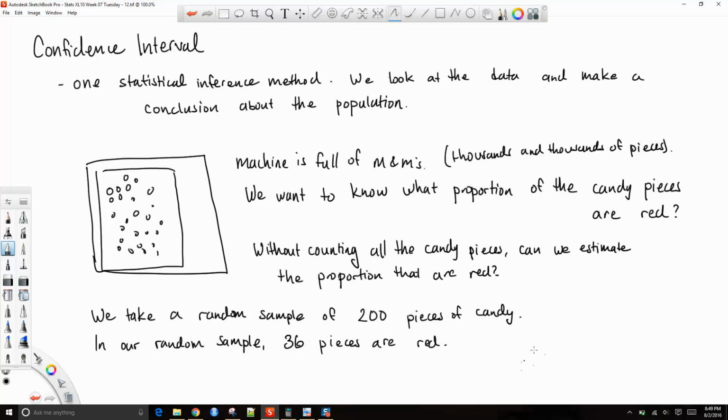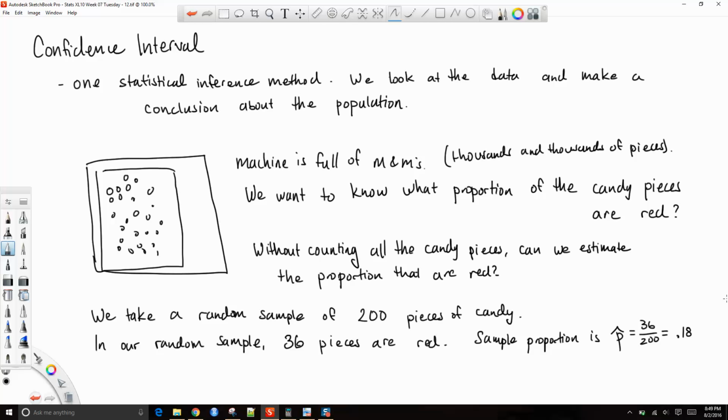Okay. So my sample proportion is what? Sample proportion is p hat equal to 36 over 200, 0.18.